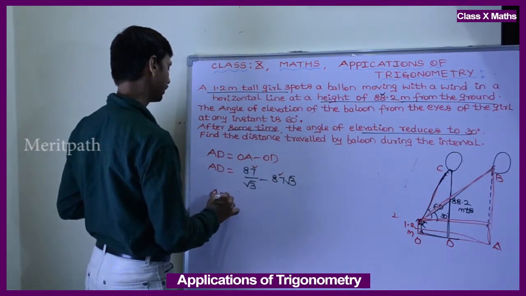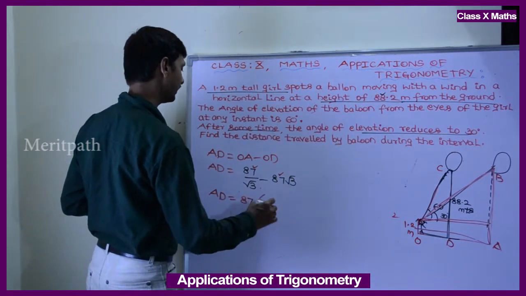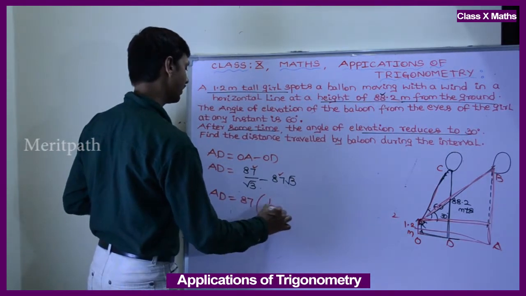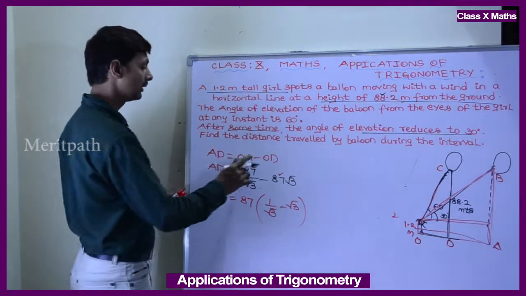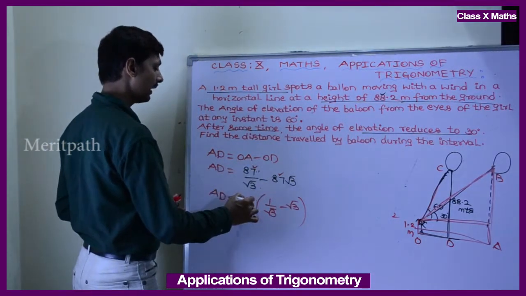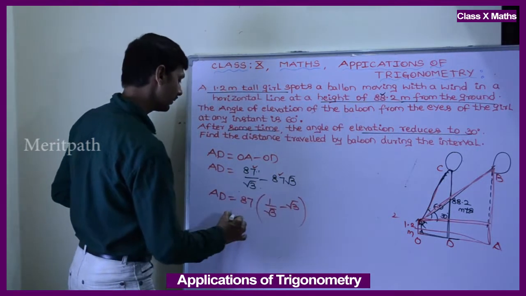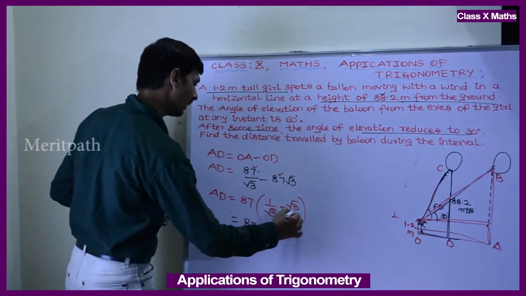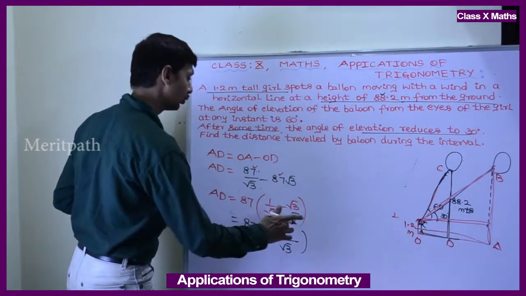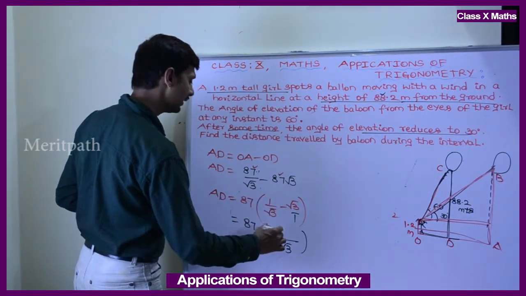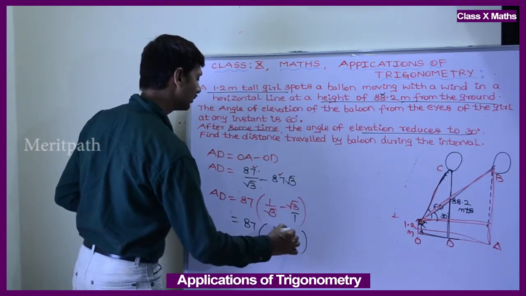So when we take 87 common, we get 1 by root 3 minus root 3. Taking the LCM, root 3, and cross multiplying, we get 1 minus 3.